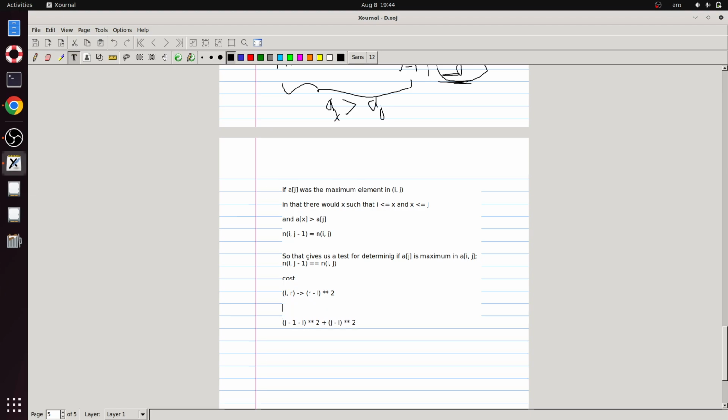Let's say that length is equal to j minus I, then this whole is less than or equal to 2 into length squared. So the total cost of determining whether a of j is maximum or not is 2 length squared.